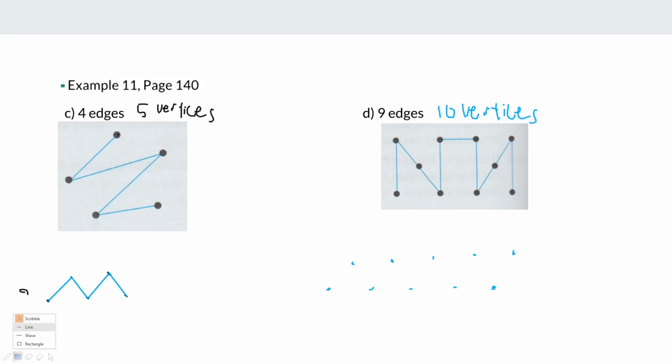Now just have to draw the 9 edges. 1, 2, 3, 4, 5, 6, 7, 8, 9. Now this is a tree, and I would say it fulfills the requirements of a tree, with 9 edges and 10 vertices.